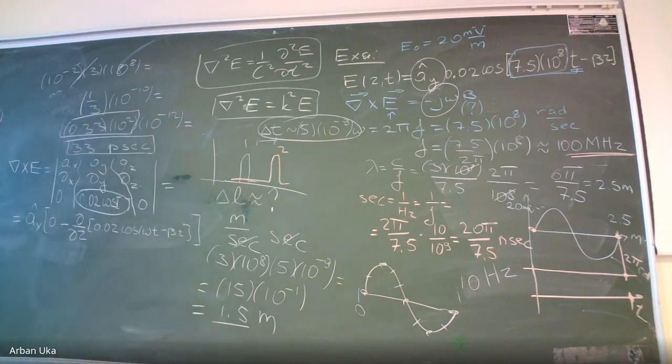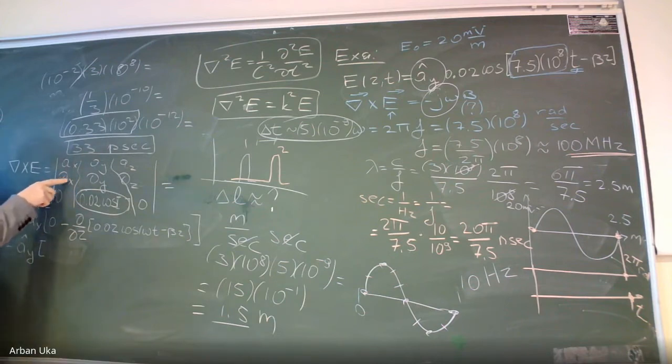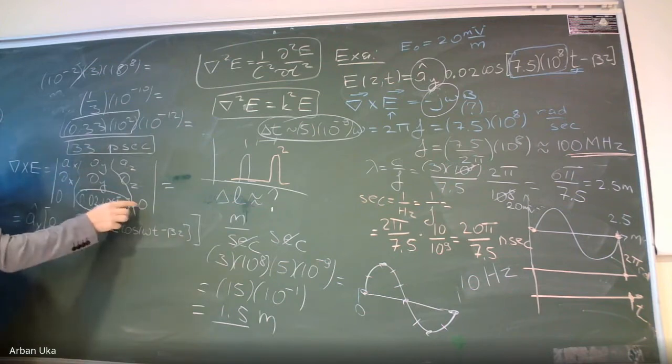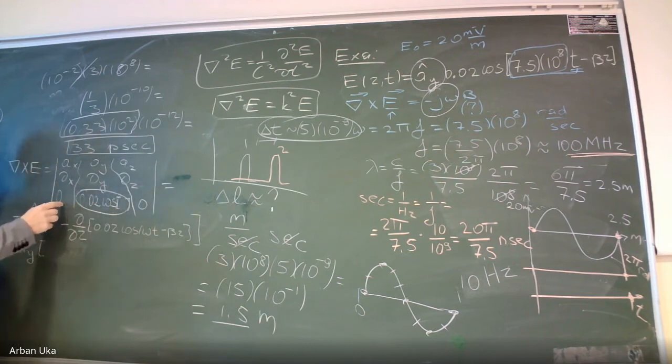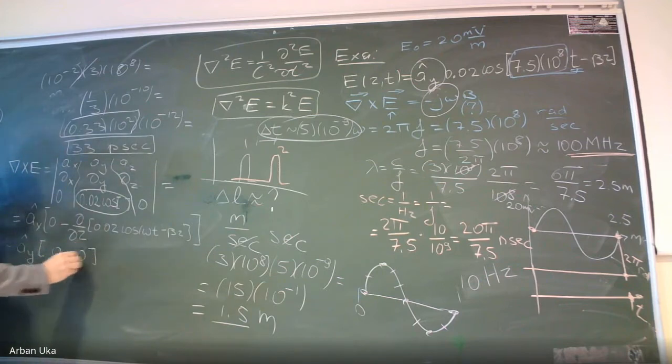Then for ay, here you have minus ay, which means the derivative of this 0 with respect to x, which is 0, minus the derivative of this other component, which is 0, with respect to z. So there is no doubt that this will simply be 0. I'm just taking a little bit of your time, but it was almost obvious that this would be 0.